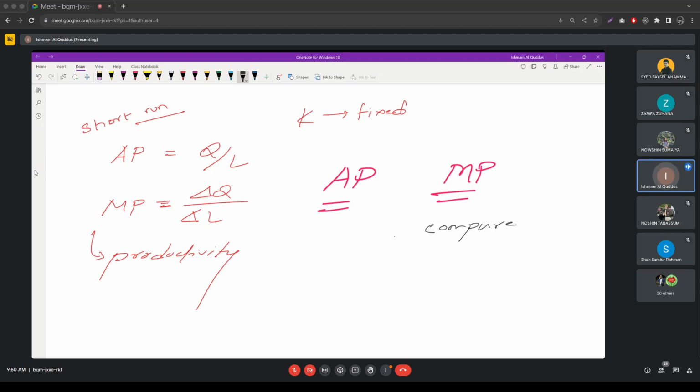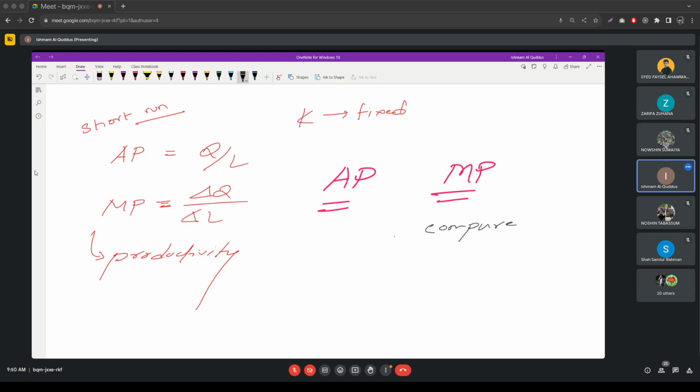Just like she mentioned, whenever I change the factor, let's say I have decided to hire someone. After hiring that person, if I see my production, my AP might go up, but my MP is not increasing. If this is the case, then AP would indicate the overall production increased, as in the Q increased.